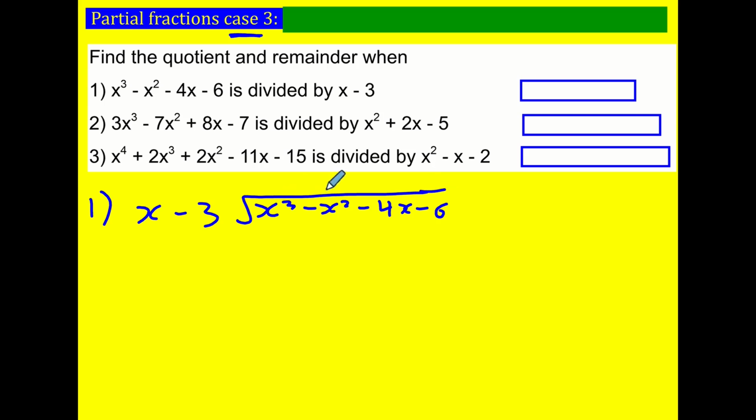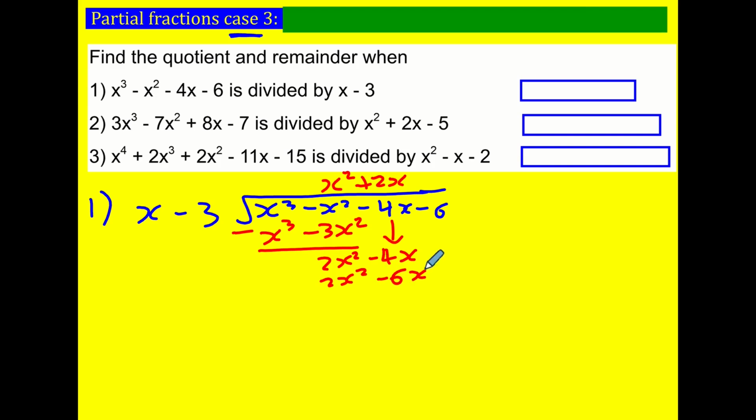x into x cubed goes x squared, multiply back through: x cubed minus 3x squared. Subtract them, that gives us 2x squared. Bring the minus 4x down and repeat. That's going to give us plus 2x, multiply back through: 2x squared minus 6x.